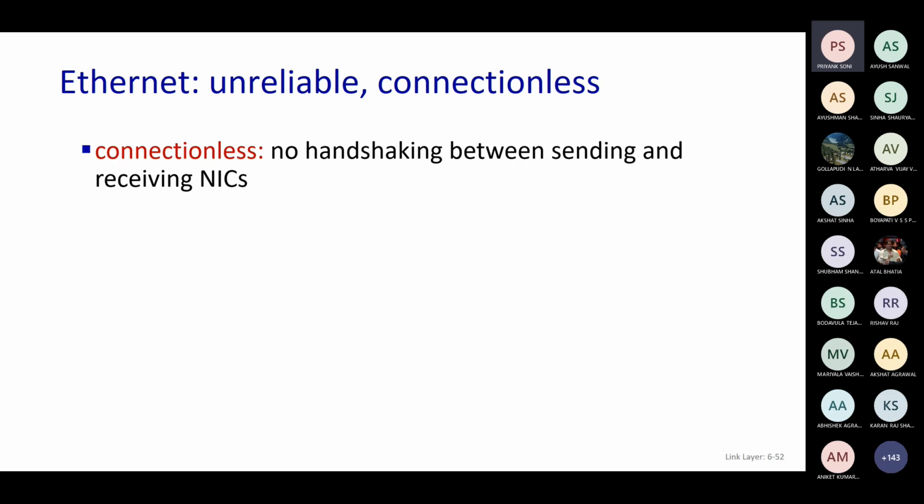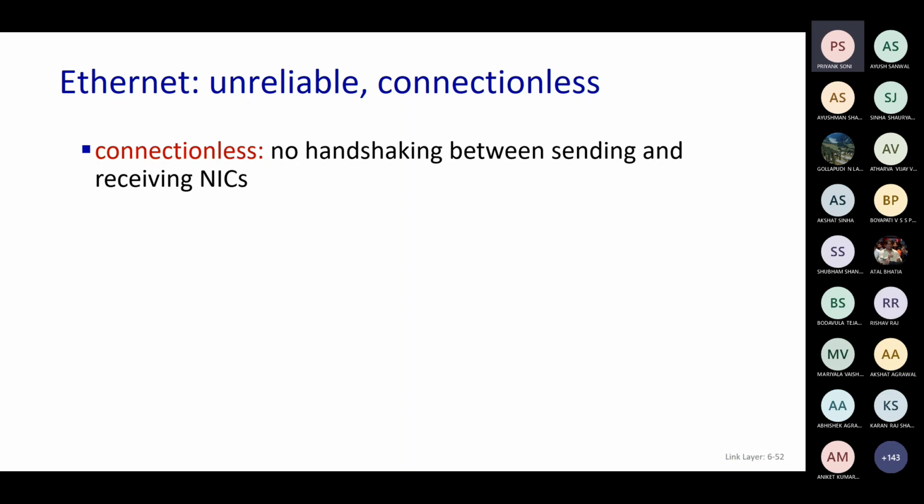Now certain properties of Ethernet. Ethernet is unreliable and connectionless. First, let us start with why it is connectionless. Before starting any communication with the destination host, no preliminary communications are done.